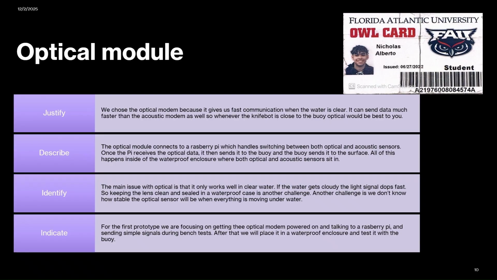The optical module connects to a Raspberry Pi, which handles switching between both optical and acoustic sensors. Once the Pi receives the data from the optical module, it then sends it to the buoy, and the buoy sends it to the surface. All of this happens inside of the waterproof enclosure where both optical and acoustic sensors sit.